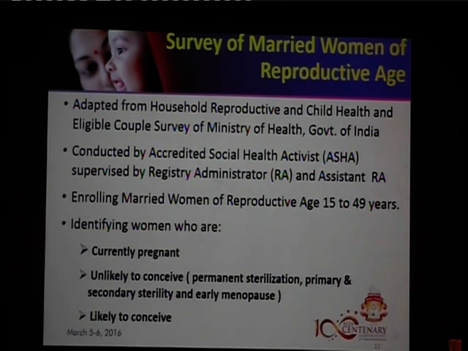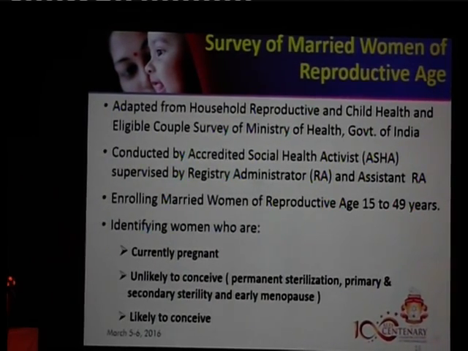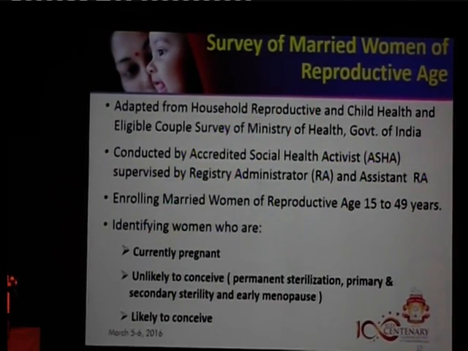So to begin with, our registry starts with a survey of married women of reproductive age. We have adapted this household survey from the existing Reproductive and Child Health eligible couple survey of the Government of India. Every year in November and December, the household survey is conducted by our ASHAs, each covering a population of about 1,000 and about 250 households.